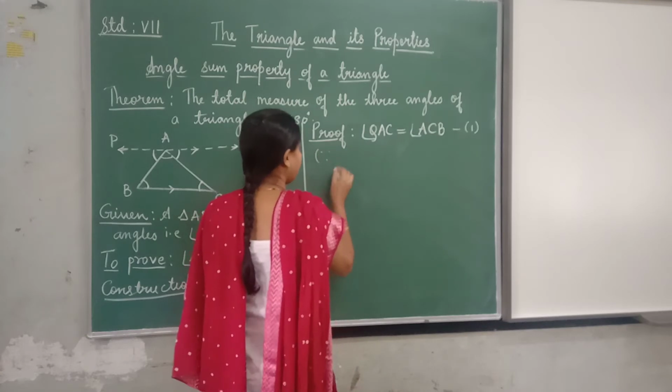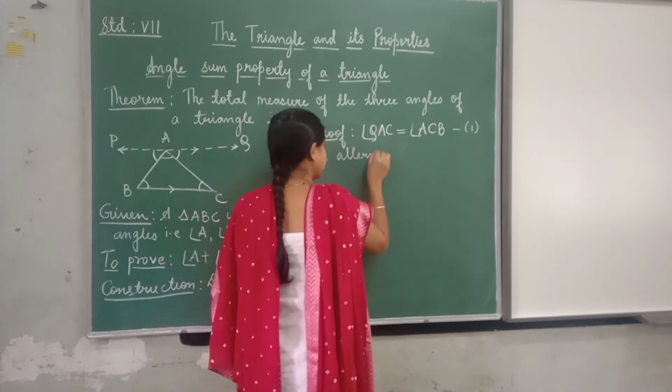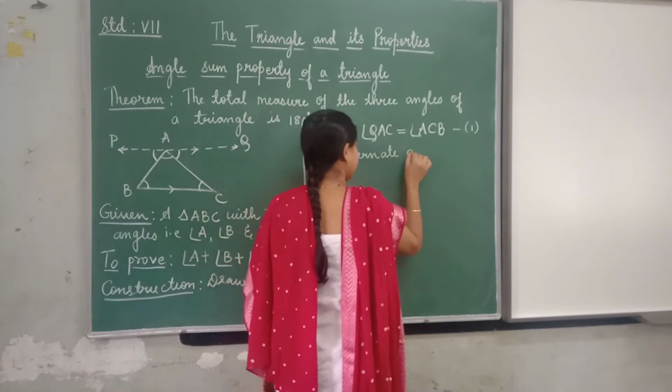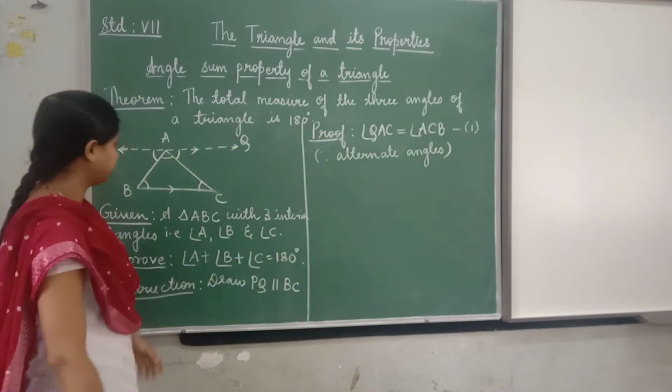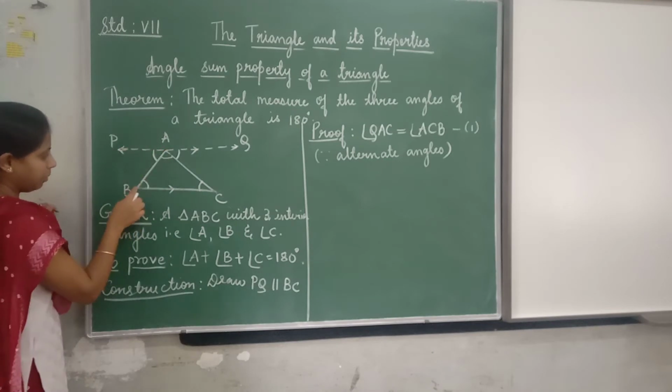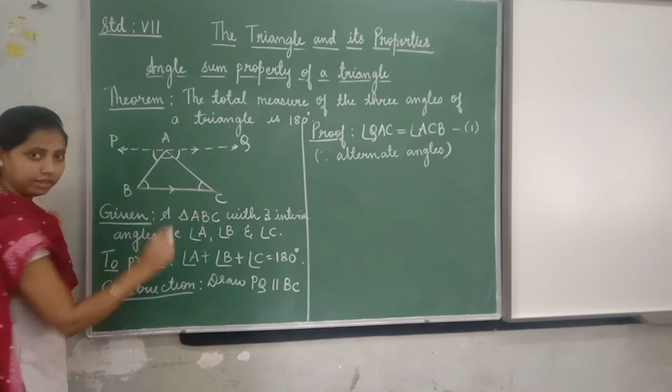The reason is that alternate angles are equal when a transversal cuts two parallel lines. Similarly, angle PAB will be equal to angle ABC.